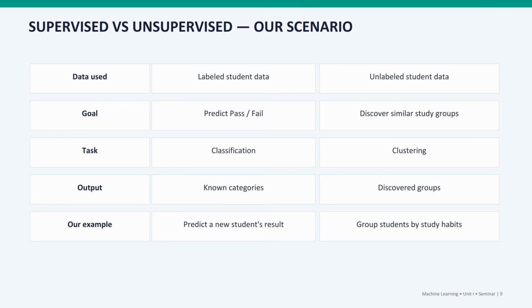In unsupervised learning, our goal is to discover groups of students with similar study patterns. In our example, classification is used for predicting pass or fail, while clustering is used for discovering student groups. So, the simplest way to remember the difference is: supervised learning means learning with known answers, unsupervised learning means discovering patterns without known answers.